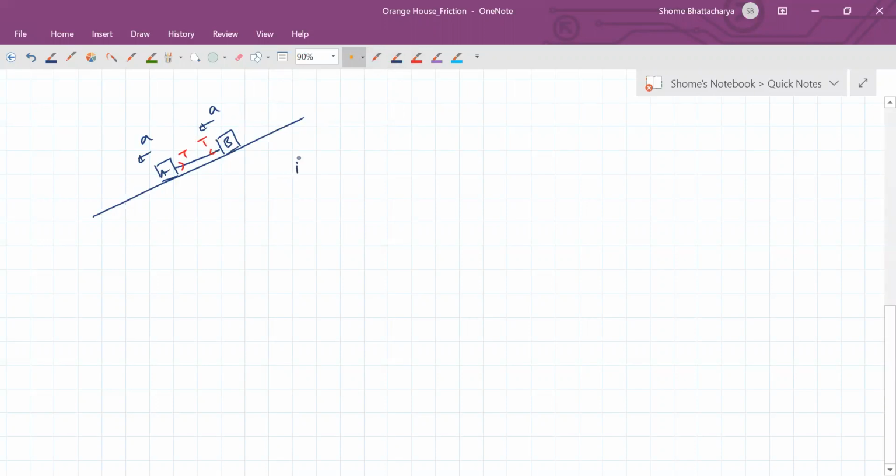So if tension in the string is non-zero, that means A pulls B through the string, then acceleration of A will be equal to acceleration of B, equal to some common a.